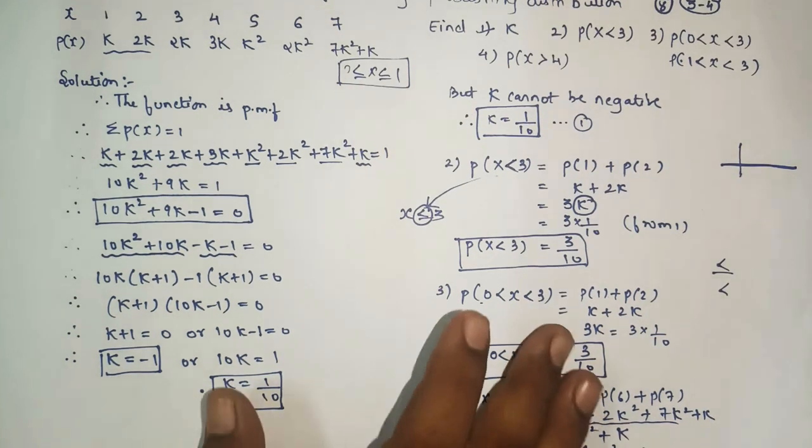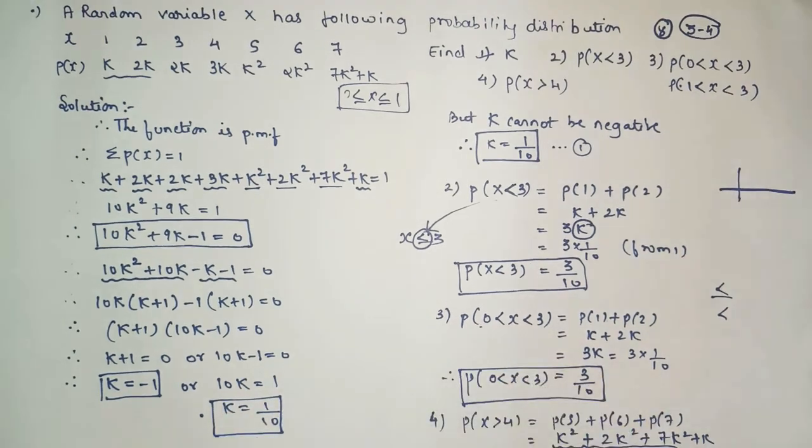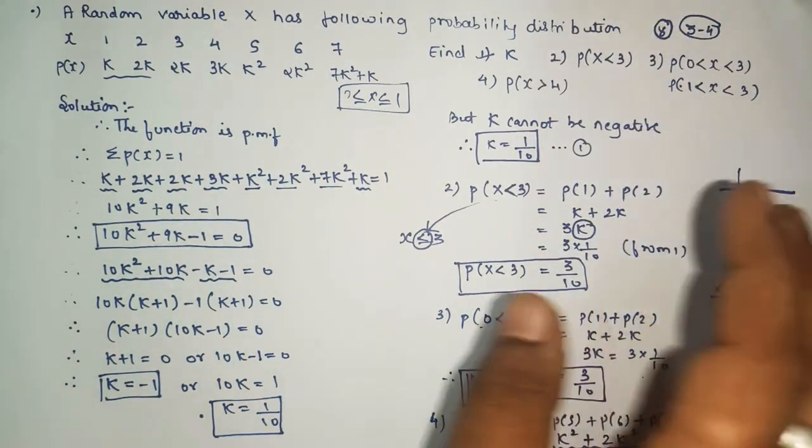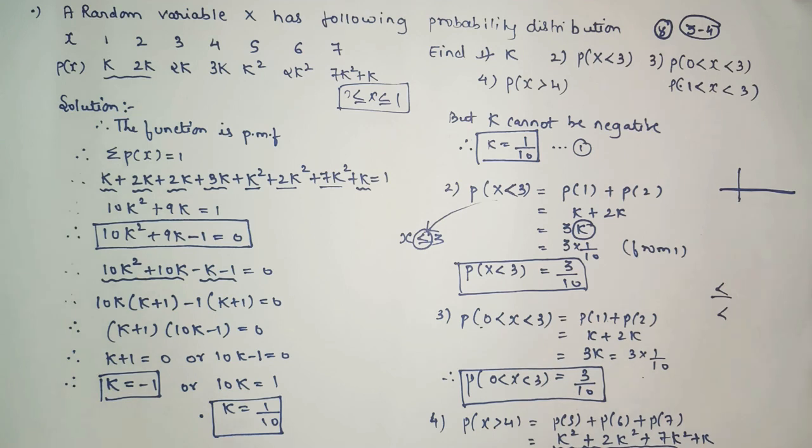Okay, so let's move on to the next sum based on this only, but the pattern of the question will be a little different. It will say that you have to find the value of k as well as find the expected value and variance also, yes or no. So this second, third, fourth part will be replaced by E of X, V of X and SD.